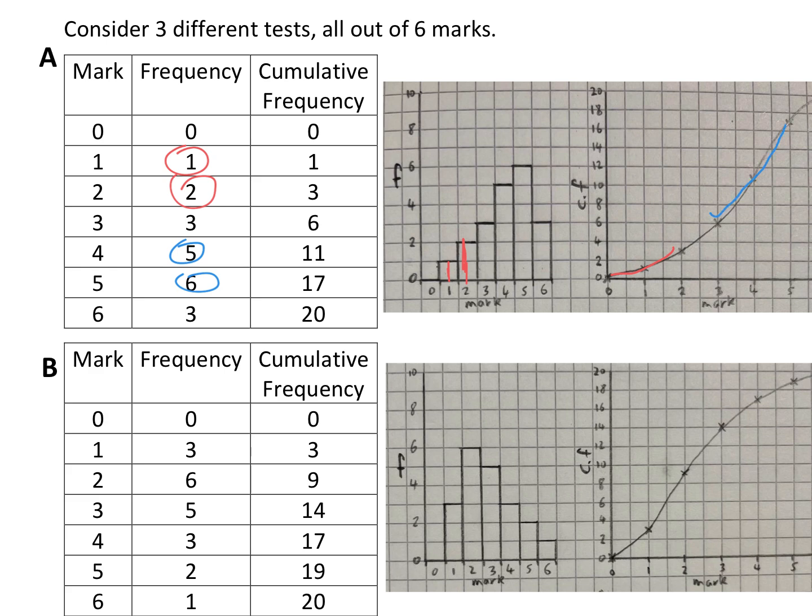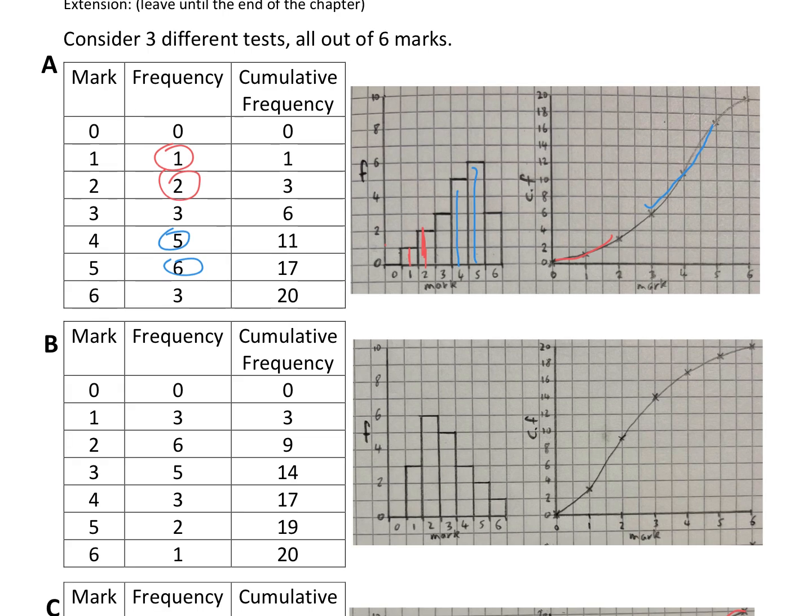Okay, and in a frequency table, a frequency diagram, you can see it there. So high frequencies, large bars, steep cumulative frequency. Low frequencies, very shallow. And then this is just sort of the opposite happening. The frequencies, it's very shallow here.